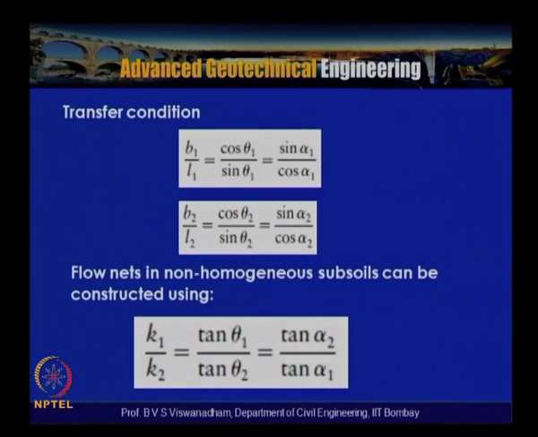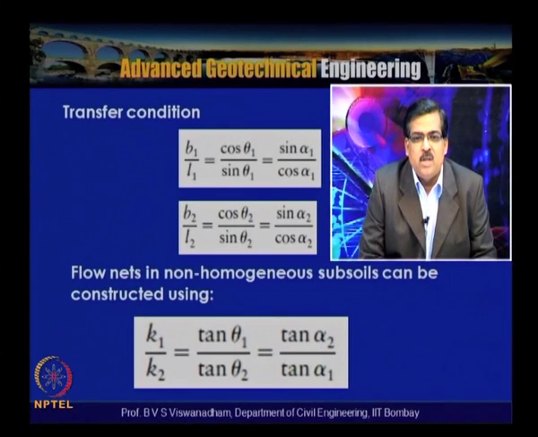By substituting, we actually get B1 by L1 is equal to cos theta 1 divided by sin theta 1, which is equal to sin alpha 1 by cos alpha 1, and B2 by L2 is equal to cos theta 2 by sin theta 2, which is equal to sin alpha 2 by cos alpha 2. So by using K1 by K2 is equal to B2 by L2 divided by B1 by L1 and substituting this, we get K1 by K2 is equal to tan theta 1 by tan theta 2, which is equal to tan alpha 2 by tan alpha 1.